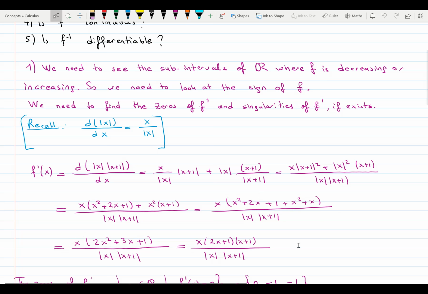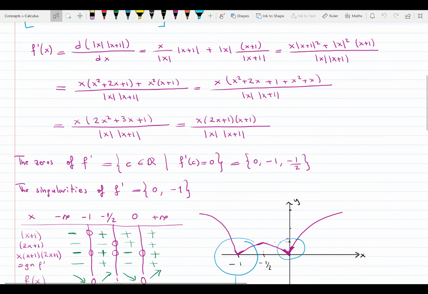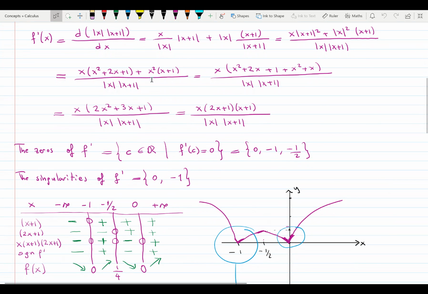So I have a polynomial in the numerator, and multiplications of the absolute value functions in the denominator. So it is a rational function. The zeros of f prime come from the numerator: x equal to 0 will make f prime 0, x equal to minus 1 will make it 0, and 2x plus 1 gives us x equal to minus 1 over 2, which makes f prime equal to 0.